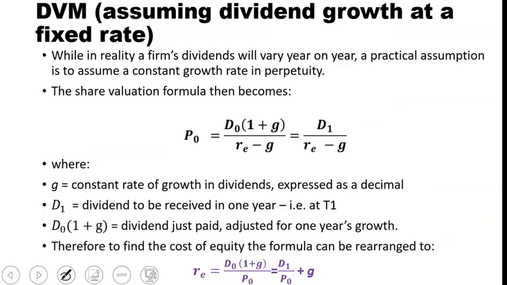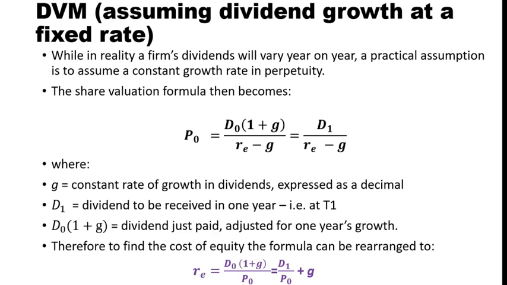Now, assuming that the dividend is growing at a fixed rate, while in reality dividends will vary year on year, a practical assumption is to assume a constant growth rate in perpetuity. So the share valuation formula then becomes modified to P0 is equal to D0(1+g) over RE minus g. This formula, the DVM formula, is given in your exam. So don't panic.